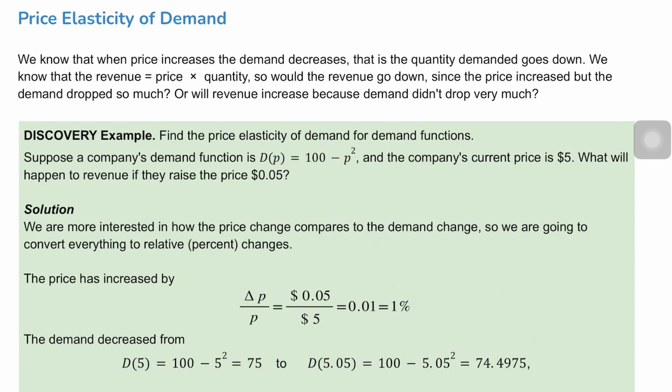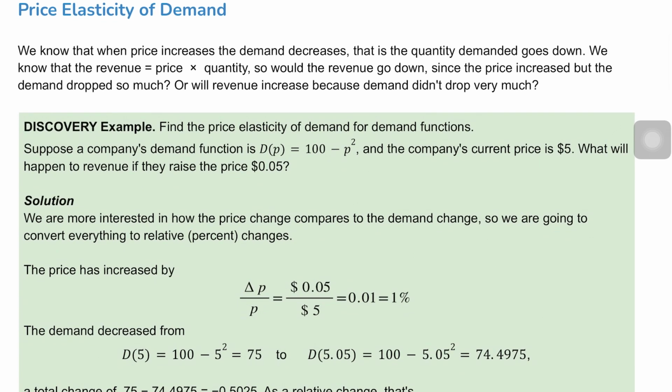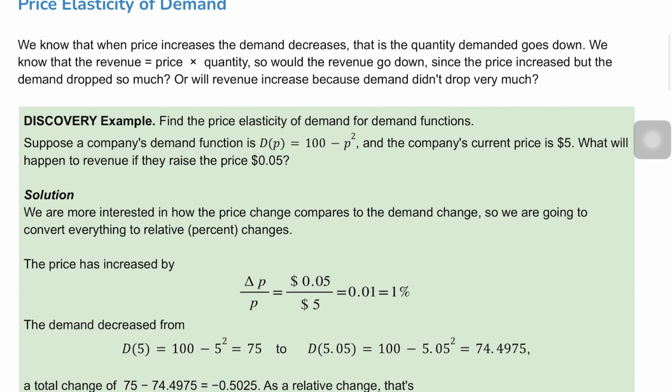So the quantity demanded then goes down, right? We know that the revenue, by definition, is equal to the price times the quantity. So will the revenue go down, since the price increased but the demand drops so much, or will the revenue increase because demand didn't drop very much?